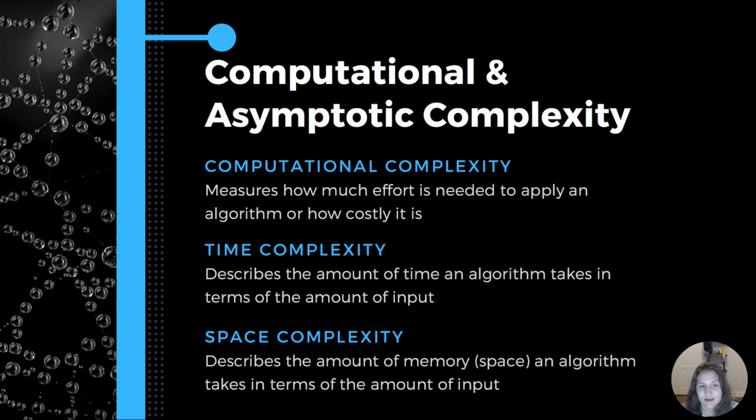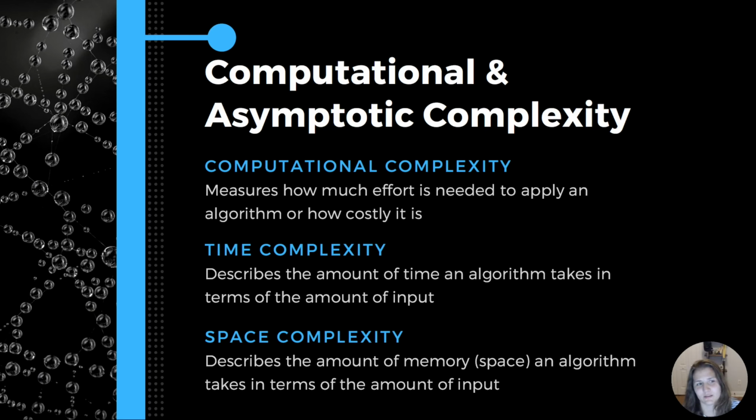Computational complexity measures how much effort is needed to apply an algorithm, basically saying how costly the algorithm is. And cost can be measured in different ways. There are two main complexity measures of efficiency. We have time complexity, which describes the amount of time an algorithm takes in terms of the amount of input.